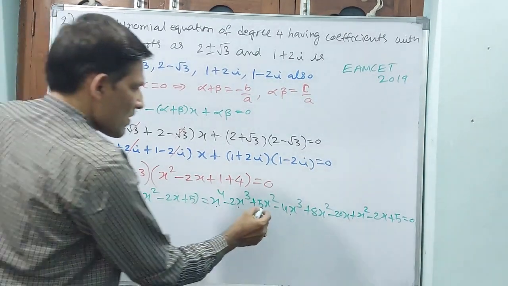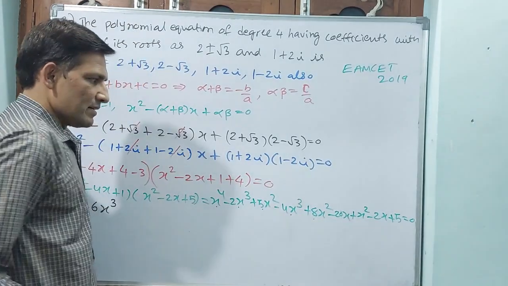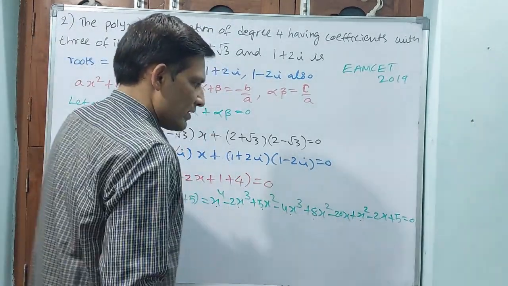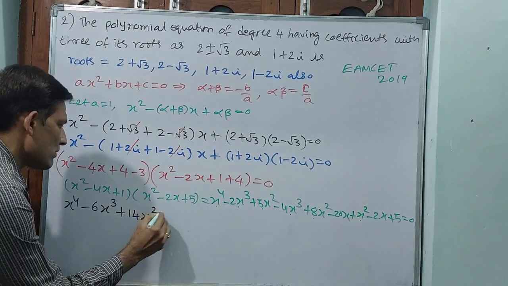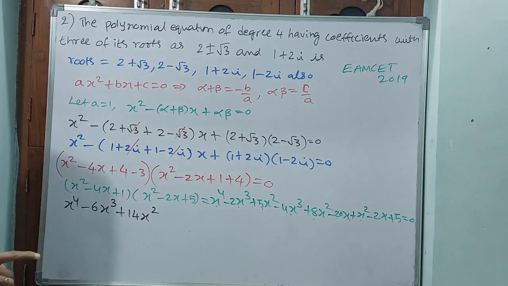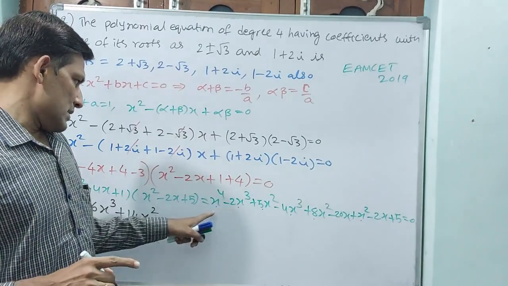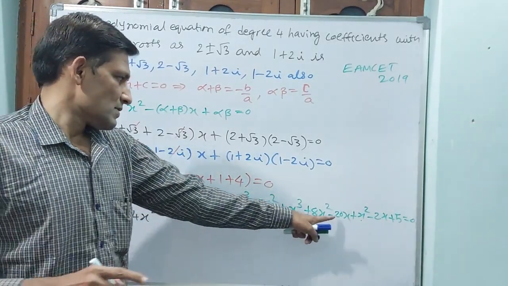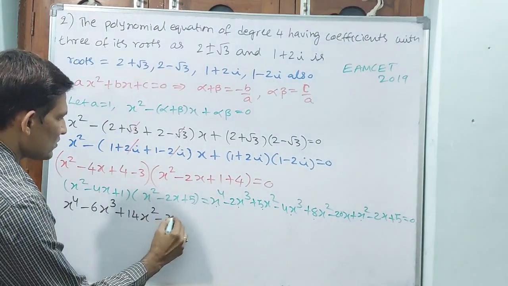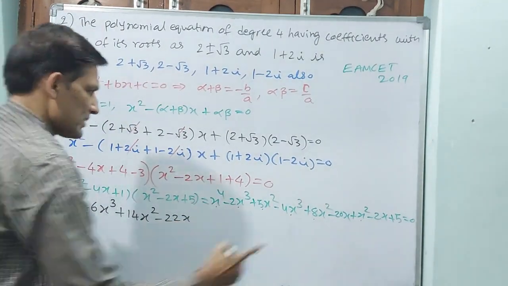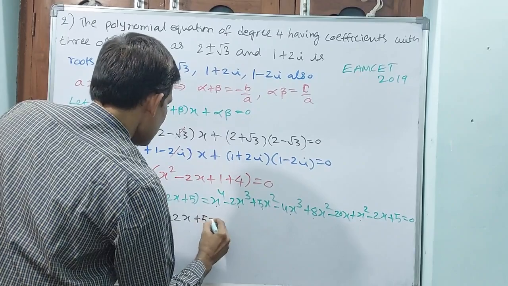Now x square: see 5 plus 8 is 13, 13 plus 1 is 14, so plus 14x square. Okay, x also you have to take: minus 20x minus 2x is minus 22x, plus 5 only once, is equal to 0.